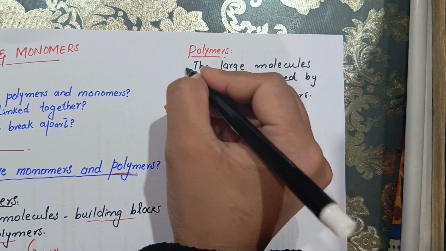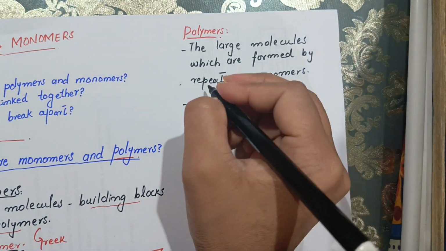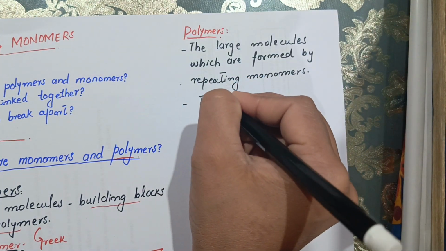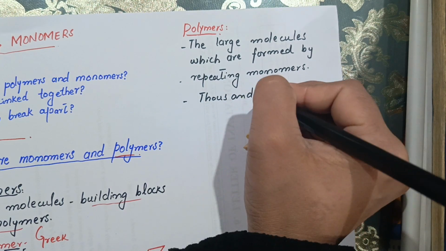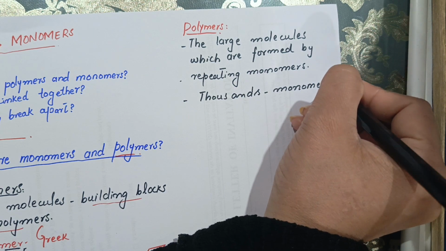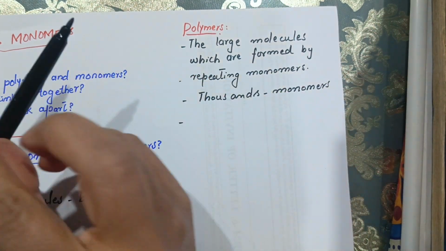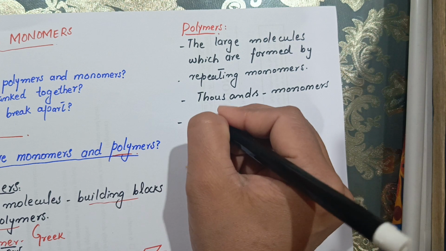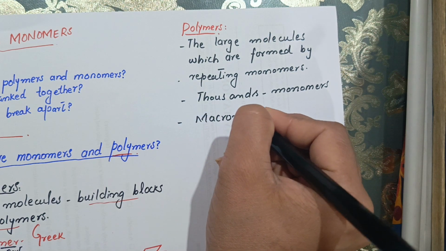What does it mean? Actually, in polymers, thousands of molecules of monomers combine together and form a larger molecule, which we call a macromolecule structure.